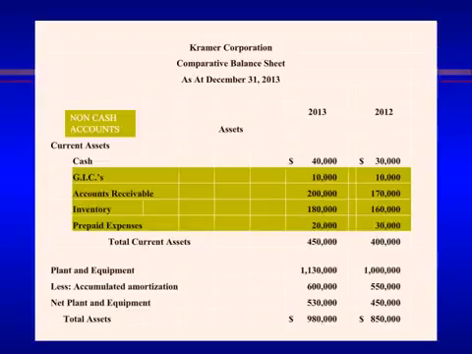Accounts receivable went up $30,000. Inventory went up $20,000. Prepaid expenses went down $10,000. So there we've got our current assets. We're not going to look at the long-term assets just yet. We're just looking at the current ones, and those are what go into the operations portion of our cash flow statement.